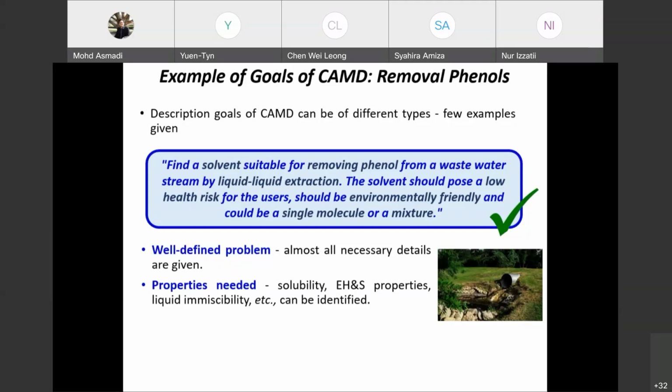EHS is environment, health and safety properties, like toxicity, vapor pressure, flash point, chemical stability or reactivity. And then liquid immiscibility and so on can be identified.